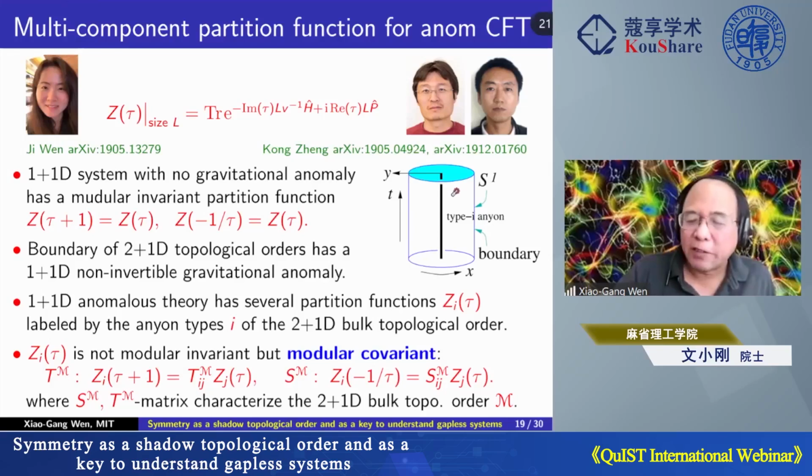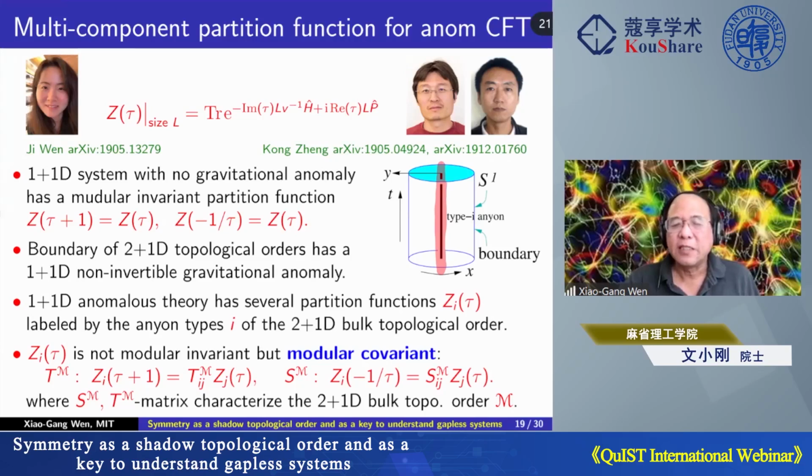Then because the bulk has a topological order, we can imagine we can insert an anyon in the bulk, this world line of an anyon in the bulk. And this anyon basically changes the boundary condition. But this anyon is far away from the boundary, so in some sense the boundary is not really changed, but gets some twist.